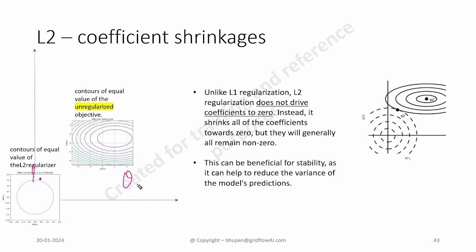So none of the coefficients will turn to 0. All the coefficients will be shrunk. Some of the coefficients might be very, very close to 0, but not 0. And hence, L2 regularization will always give you a dense representation of the theta or weights or coefficients.